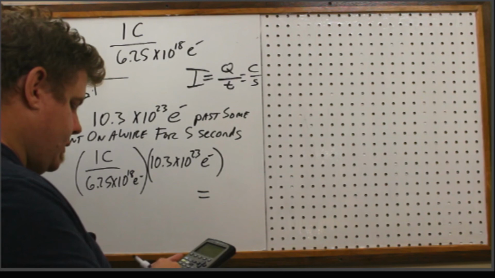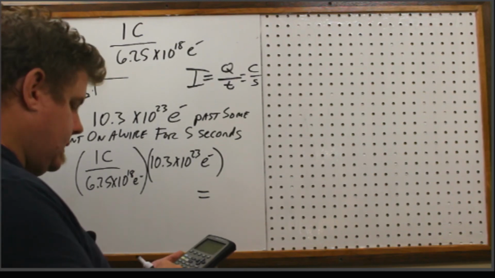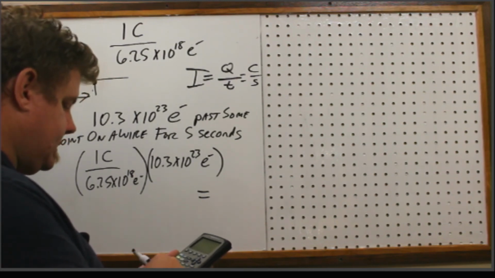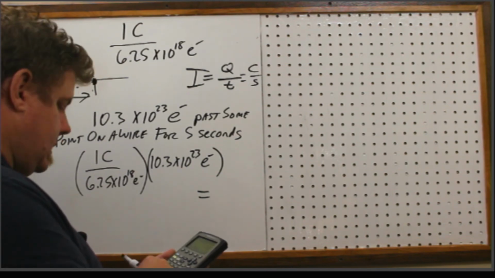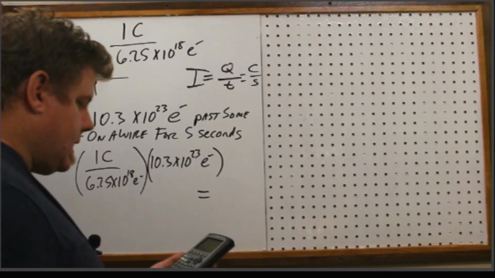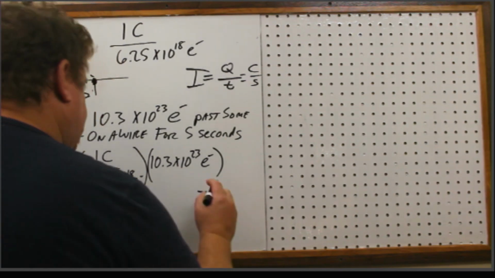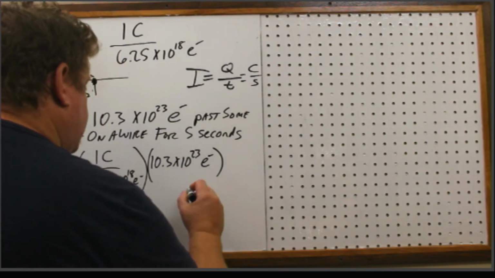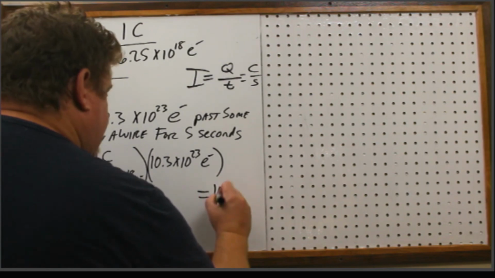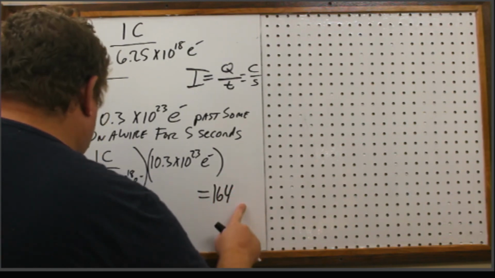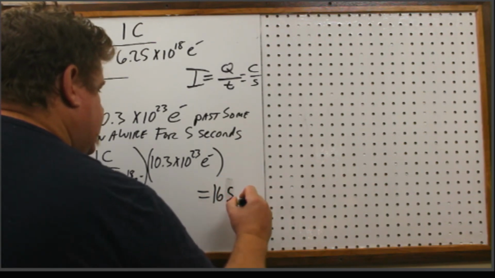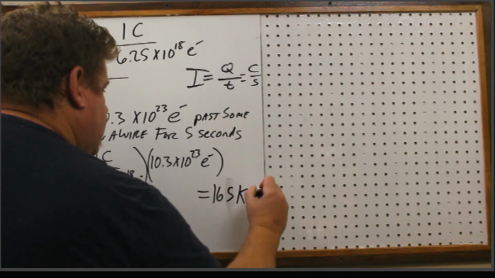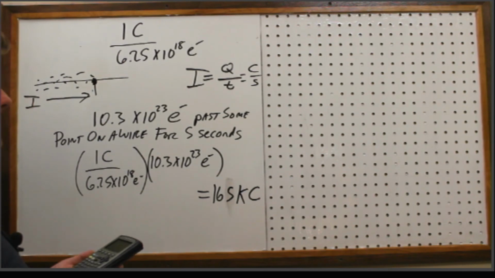So 10.3 E23 divided by 6.25 E18. And I get 164.8 kilocoulombs. So we'll call this 165 and use 3 significant digits. 165 kilocoulombs. So that's a lot of coulombs.